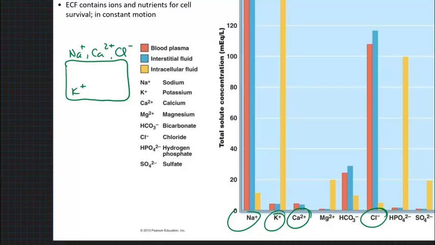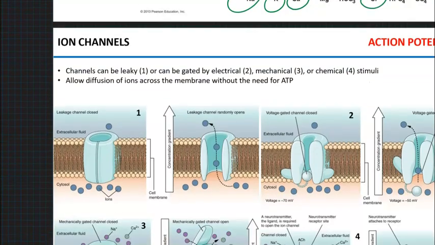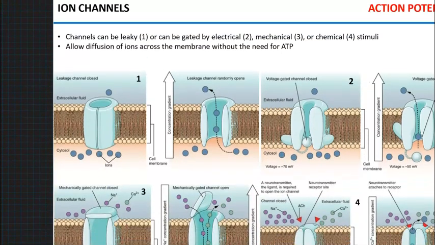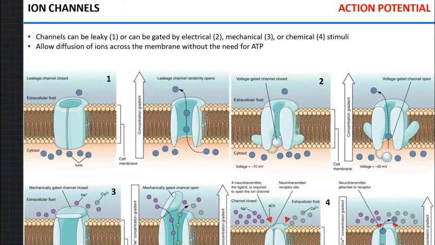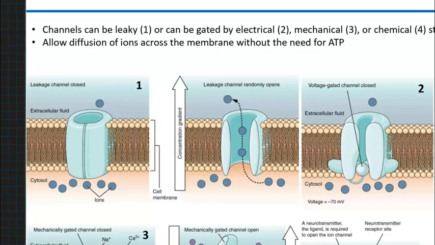Okay? So now let's move on to the idea of ion channels. We had a conversation about diffusion. Remember, ions cannot diffuse directly across the membrane because they are polar, they are charged. They have to use the channels. There are 4 types of channels that you must know. You must know how they open and close, and believe me, it's nothing super complicated.